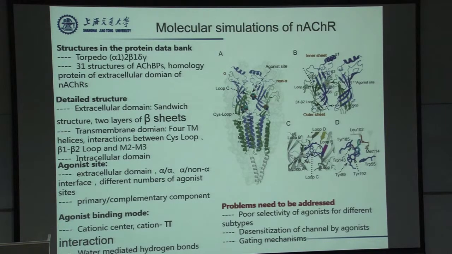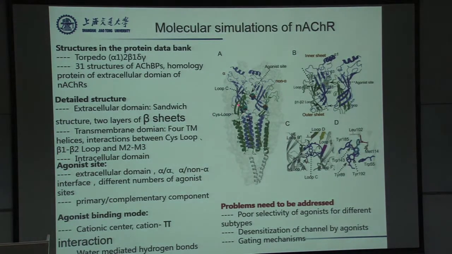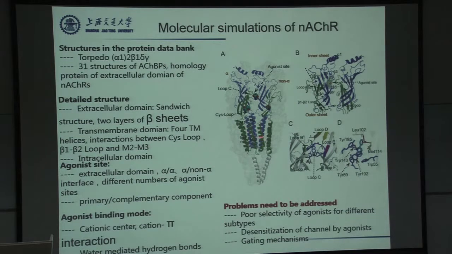So I'll give you an example of our study of the membrane proteins. The first one is the nicotine receptor. And this is the structure. This is the cross-membrane part, and this is the extracellular part of the protein. And it's really like a dimer of a beta sheet protein.